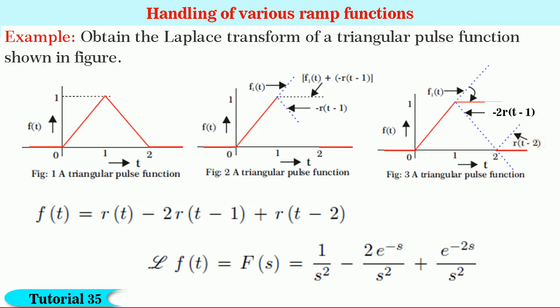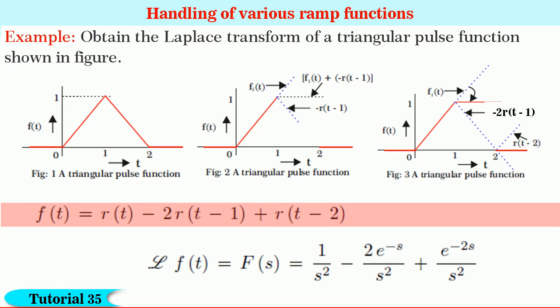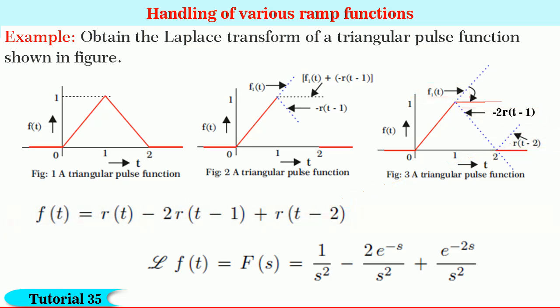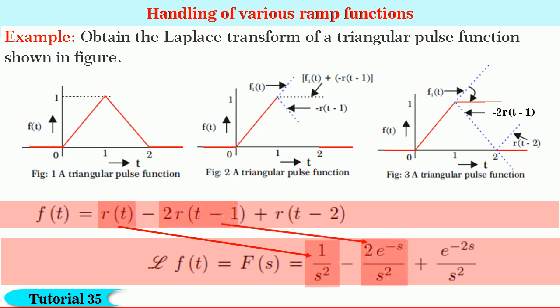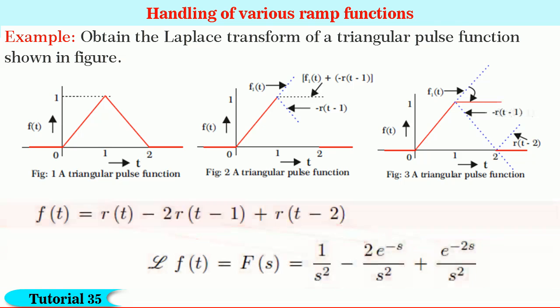So, finally, we get the equation for f of t as f of t is equal to r of t minus 2r of t minus 1 plus r of t minus 2, and by taking the Laplace transform, we get L of f of t is equal to 1 divided by s square minus 2 e to the power of minus s by s square plus e to the power of minus 2s divided by s square.